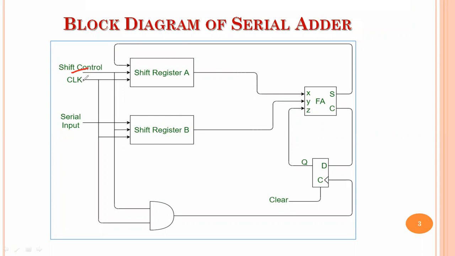One shift control clock and serial input are being supplied to these shift registers. After processing and moving through this AND gate, the clock is supplied over here. Then the entry to the D is supplied, as well as the carry, and the output is considered as input to this full adder.